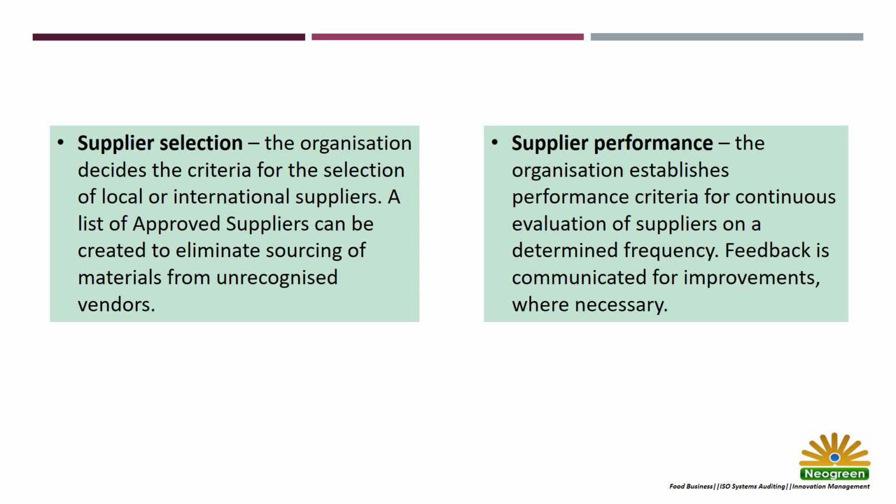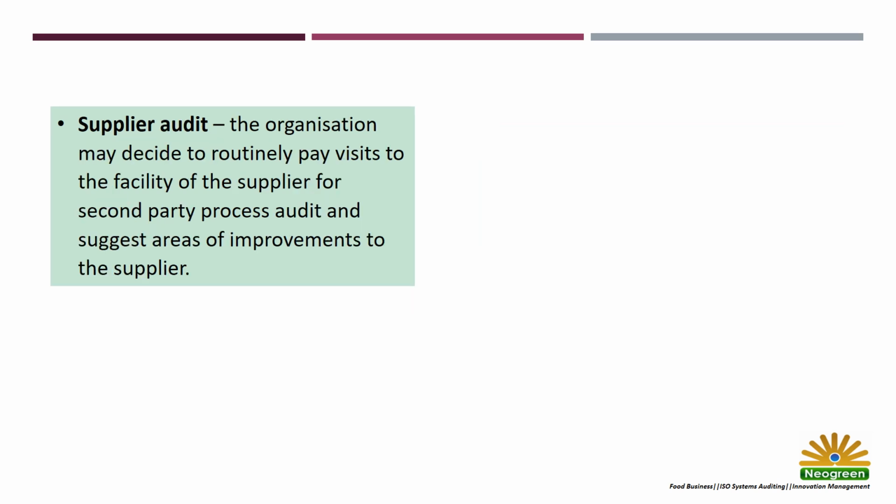Supplier performance. The organization establishes performance criteria for continuous evaluation of suppliers on a determined frequency. Feedback is communicated for improvement where necessary. Supplier audit.